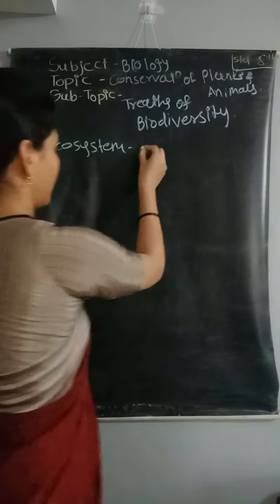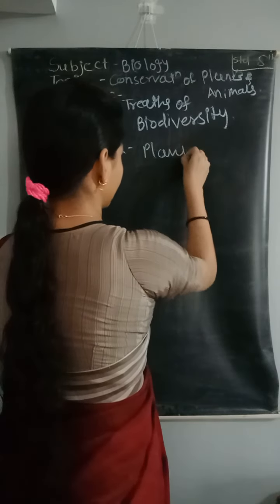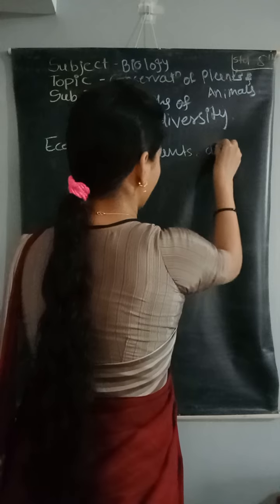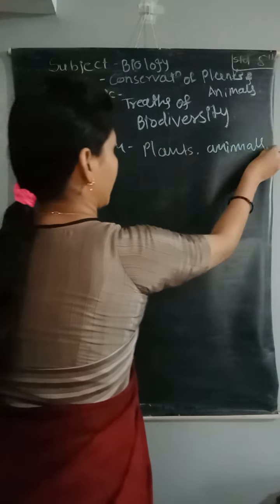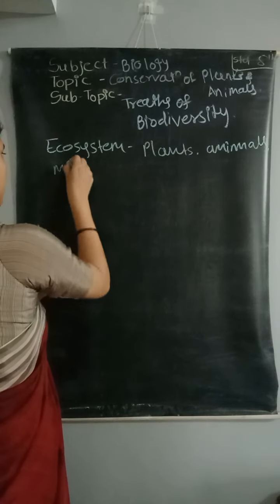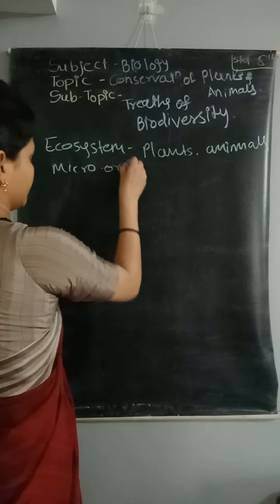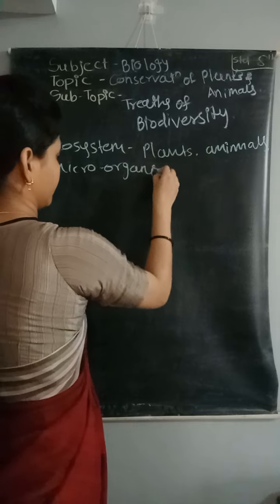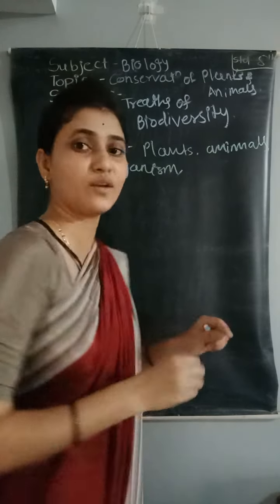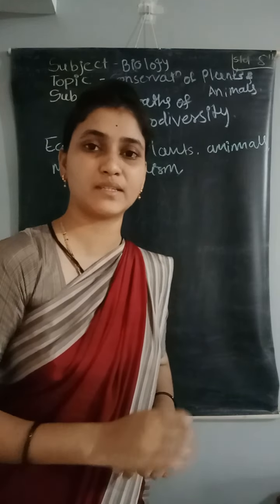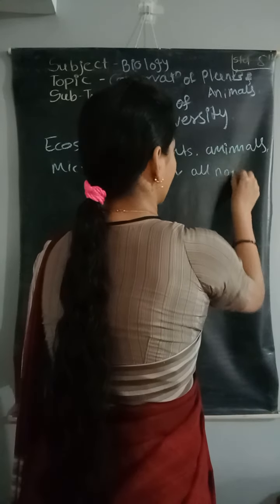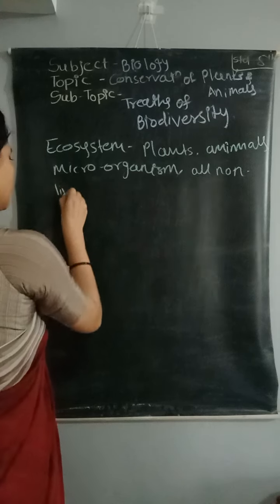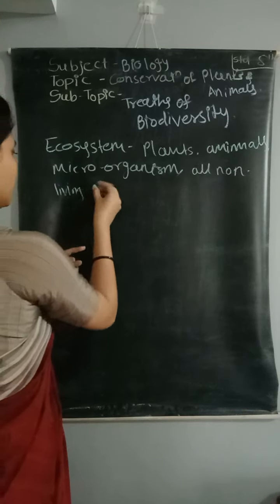This is the ecosystem. Ecosystem includes plants, animals, microorganisms, and all the non-living things present in this area.